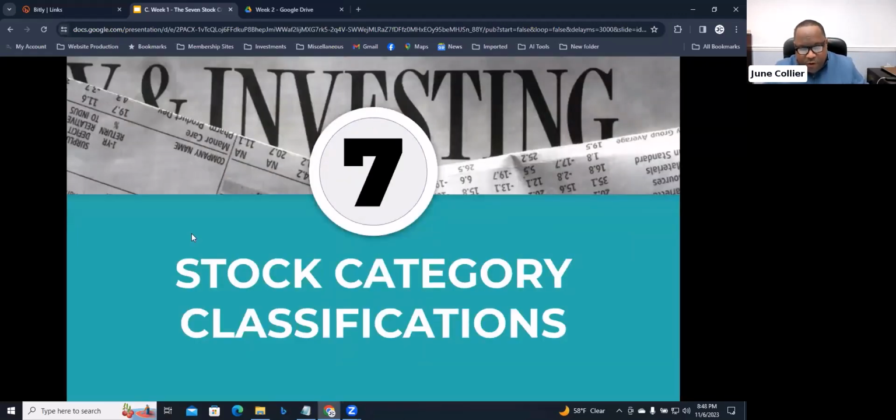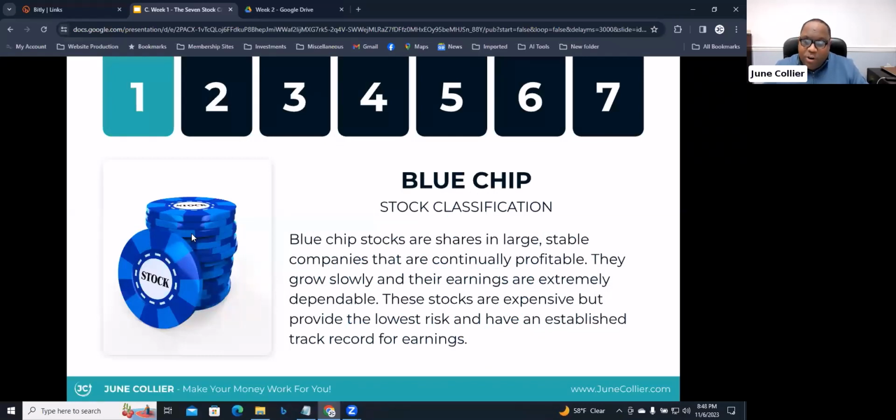Let's cover the first one that most people have heard of before, but maybe you never understood, and that's called a blue chip stock. Blue chip, okay? These are going to be large, stable companies that are continually profitable. Now, here's the thing about blue chips. You're not going to see a blue chip stock move like a growth stock, and we'll talk about growth here in a moment.